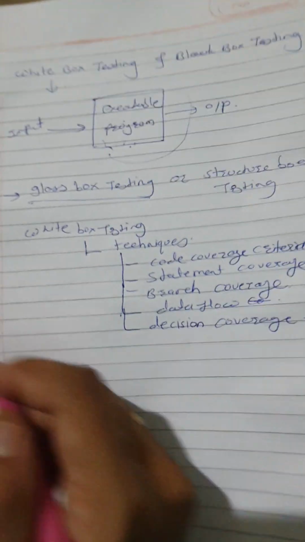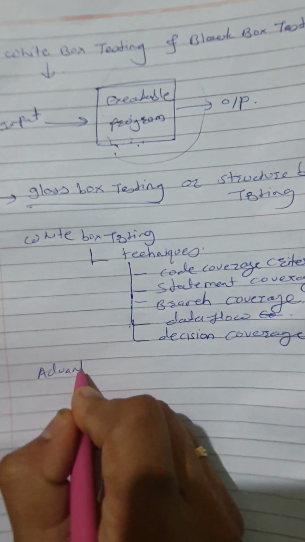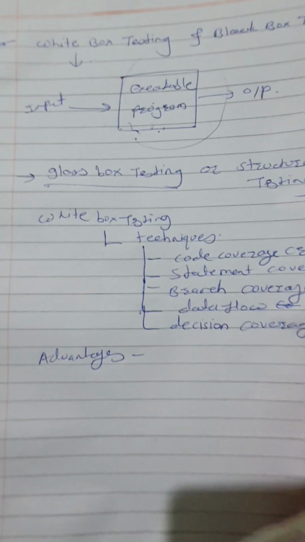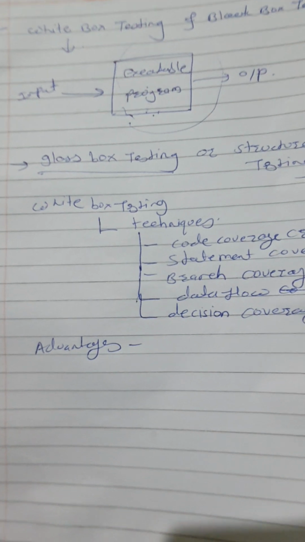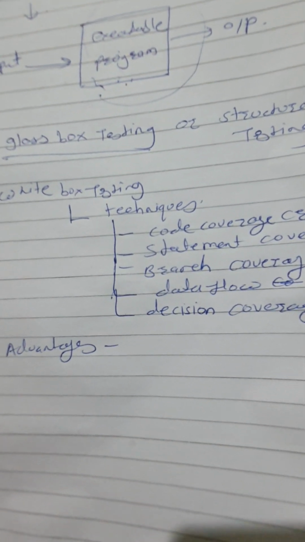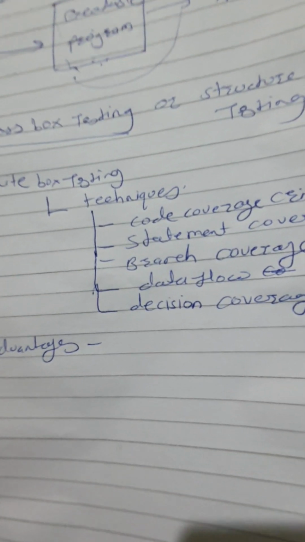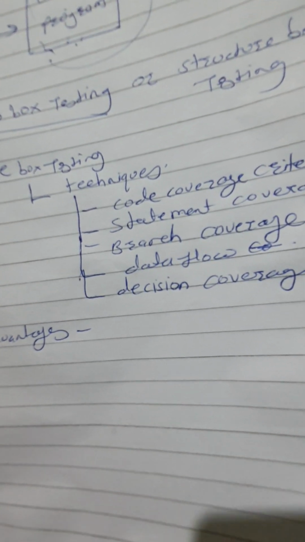Next, what are the advantages? The advantage of white box testing is that it helps in code optimization. Why? Because white box testing mainly focuses on the internal structure of your software, and internal structure is nothing but code implementation.